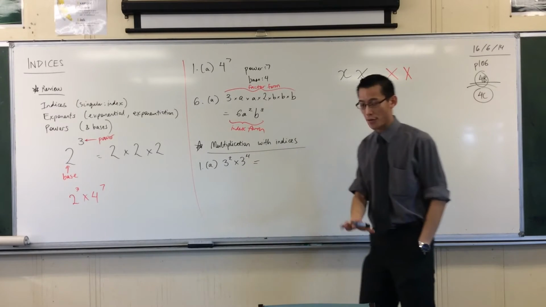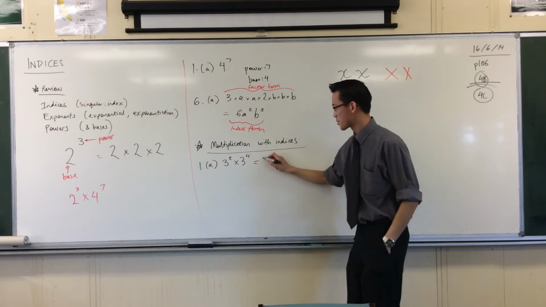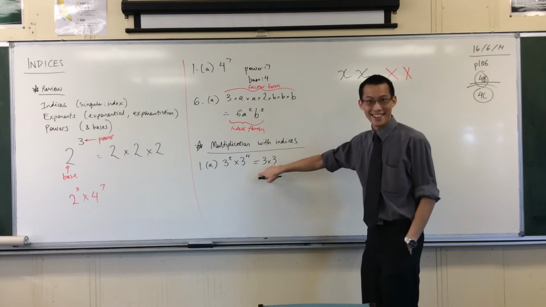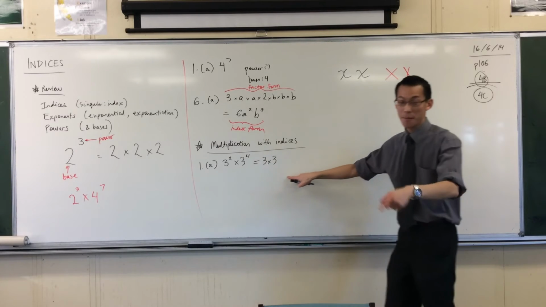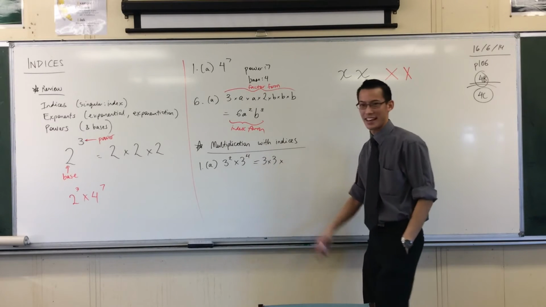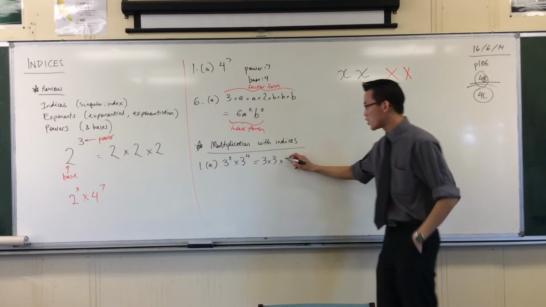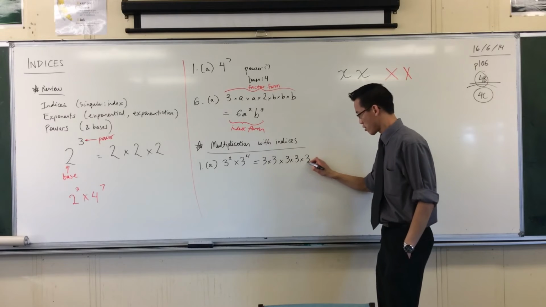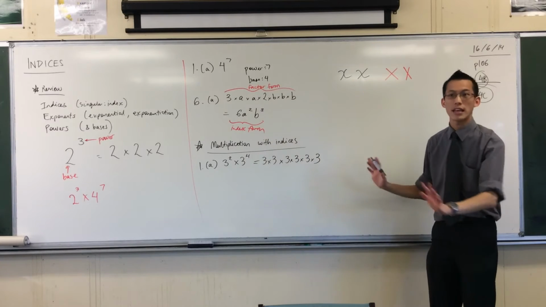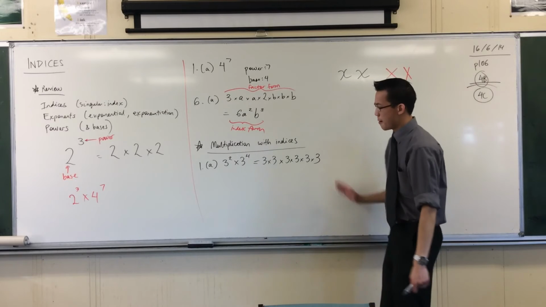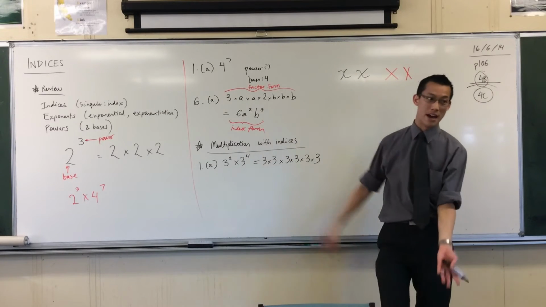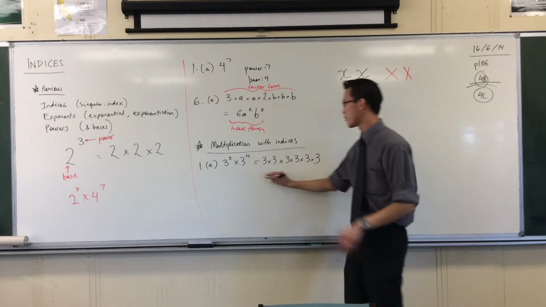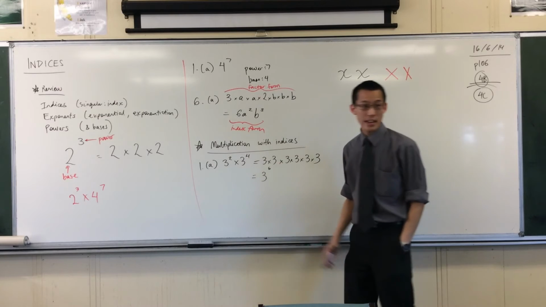This one is 3 times 3, that's 3 squared, times 3, times 3, times 3. So now I've got 2 3s here and another 4: 1, 2, 3, 4. It's out in factor form now. But they're all 3s, so I can count up just like I did before. How many are there in total? I count 1, 2, 3, 4, 5, 6. So I can rewrite this as 3 to the power of 6.